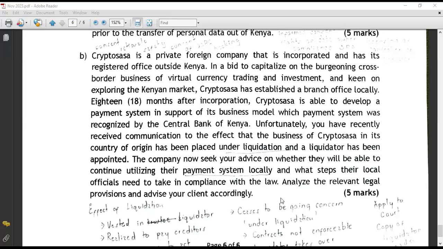Now, the question as to whether the CBK will allow for a payment system to operate in administration will be a question of what capital thresholds they need to maintain locally. And it could be that they put it under receivership, and it might not be able to proceed in that regard. I don't think it will be unscathed.